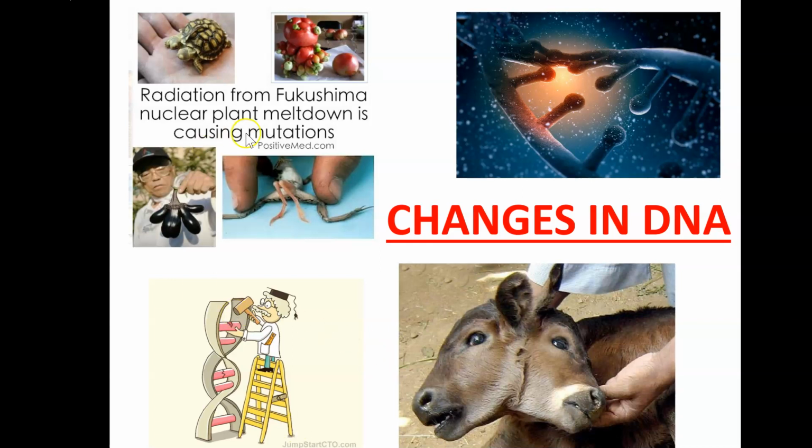Radiation has caused a number of health-related issues for the people of Fukushima, in which in March of 2011, an earthquake caused a tsunami that basically affected the Pacific coast of Japan.